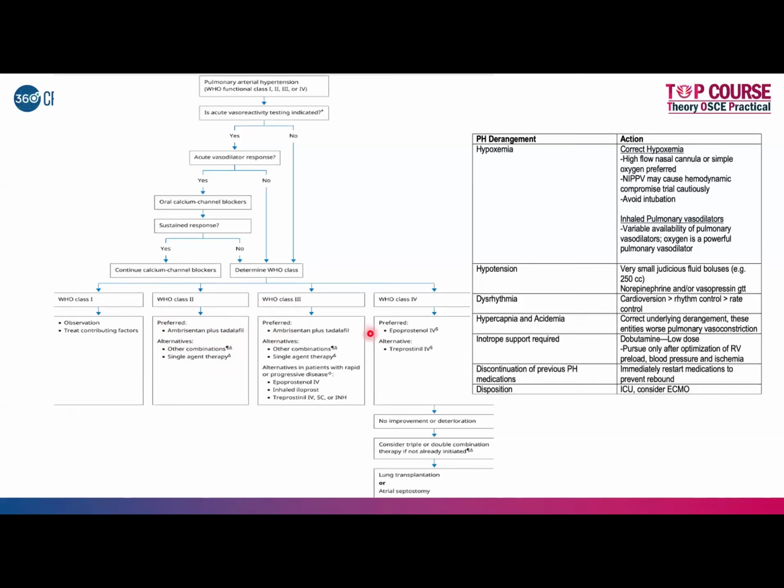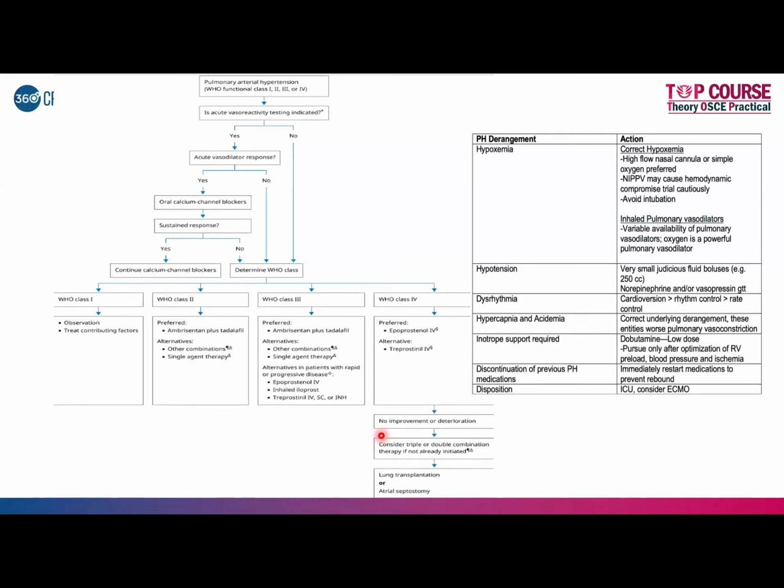For WHO class 3, ambrisentan and tadalafil is the first line, but alternatives for rapidly progressive disease can be epoprostenol, inhaled iloprost, or treprostinil, which are the prostacyclin analogs. And for class 4, you directly go for a prostacyclin analog. If no improvement or deterioration is noted, then double or triple therapy is combined. If still no improvement is noted, then go for a lung transplant or an atrial septostomy.